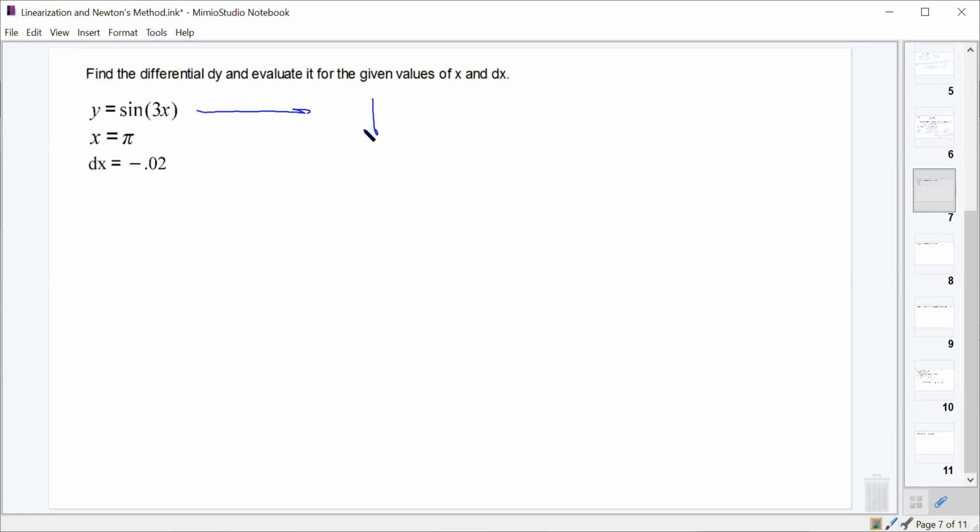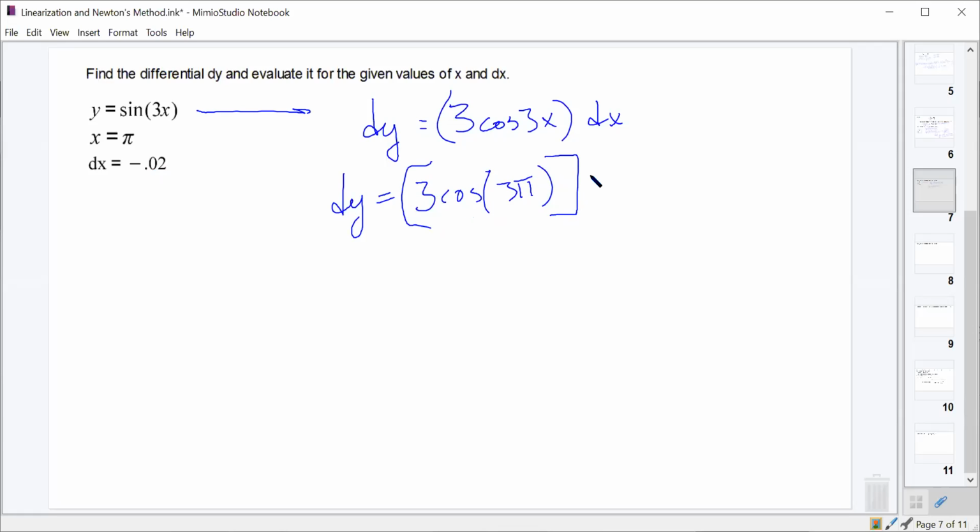Dy ought to be the derivative of sine 3x, which, hopefully by now you're able to do the little chain rule piece of that in your head. That's my hope. What's the derivative of sine of 3x? 3 cosine 3x. 3 cosine 3x, and we have a dx there, right? And so we're now looking at x is pi, dx is negative 0.02. So dy ought to equal 3 cosine of 3x, which is 3 pi, times negative 0.02.